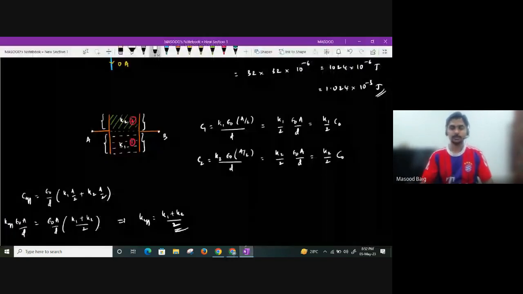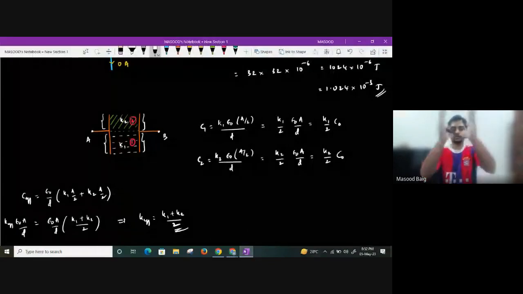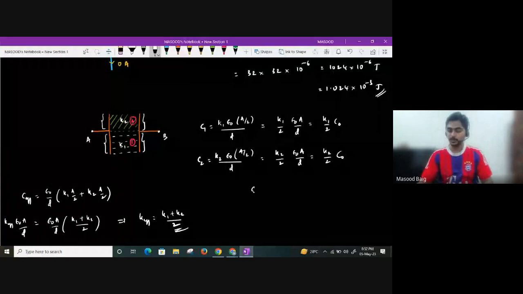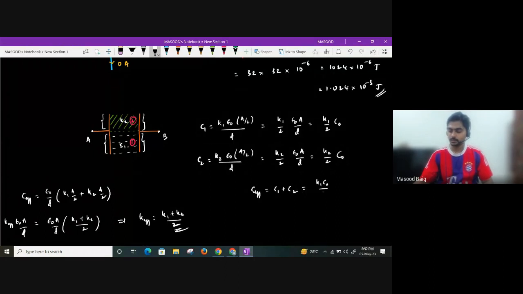However, these two are placed one above the other. Usually one above the other will be a parallel combination. So what will C effective be here? C1 plus C2. So I'm going to get K1 C0 by 2 plus K2 C0 by 2, which will be K1 plus K2 divided by 2 into C0. This is our effective capacitance.